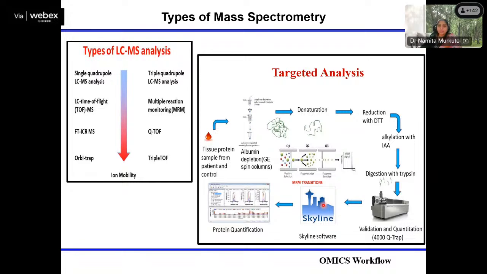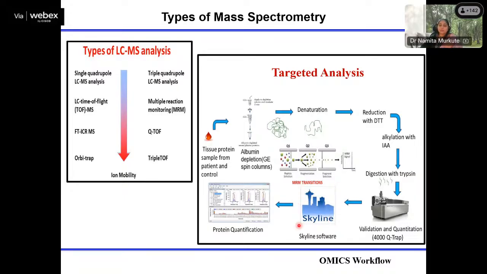It is called multiple reaction monitoring, because you can give at a time, say, 30 to 50 proteins to be identified at one time. So it is called multiple reaction monitoring transitions.